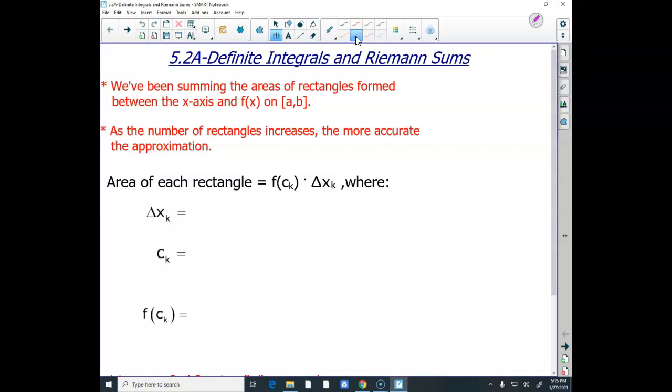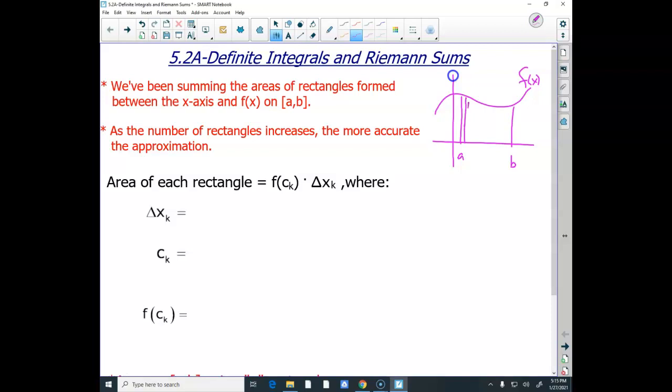But bottom line, what we've been doing here in Chapter 5 is we've been summing the area of rectangles formed between the x-axis and f of x on some interval from a to b, which means we just have a little graph. Here's my f of x, doesn't matter. Here's my b, here's my a.